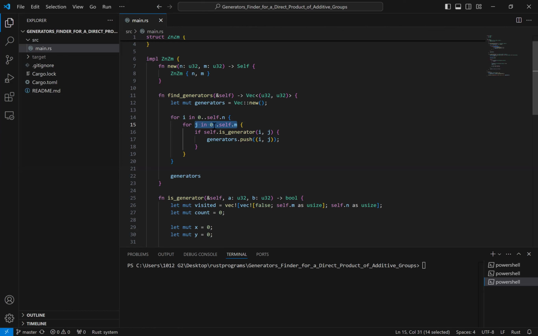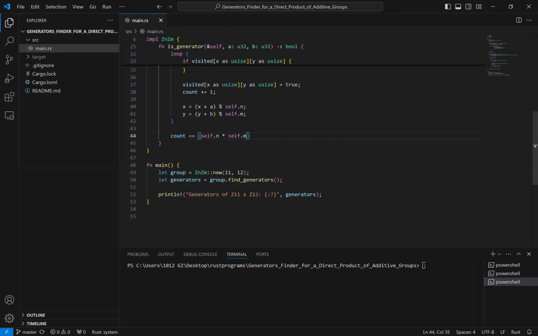So where I is 0 and J is 0, it calls on the is generator function. Is generator function is here, and considers whether 0 and 0 is a generator. It finds that it's not.